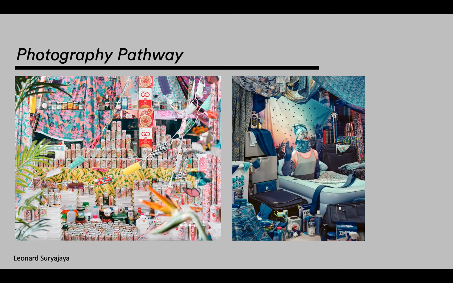Then we've got good old Léonard Suryajaya, I think that's how you say his name. Probably butcher that. But this is a really interesting project, and if you haven't seen the Foam website, this is the Foam Emergent Talent, and this is how he approached his lockdown.